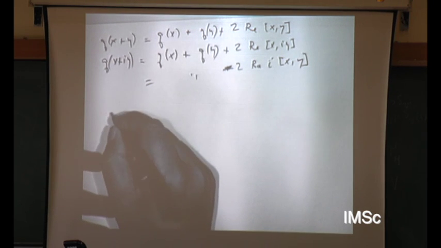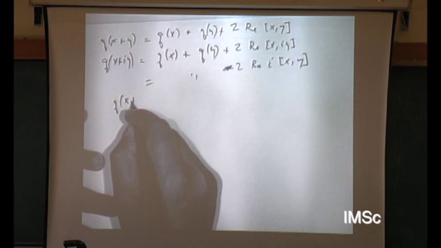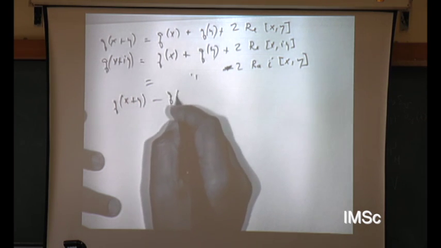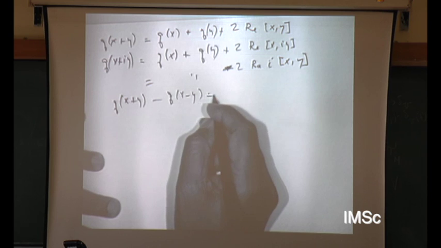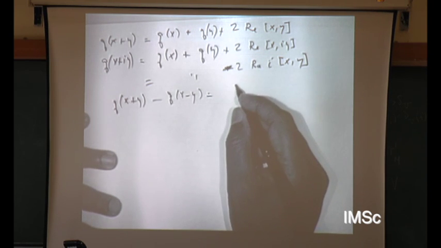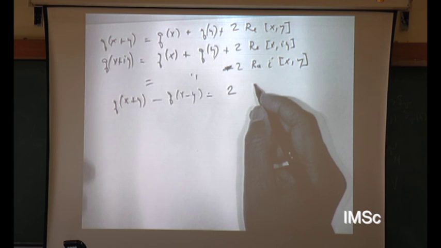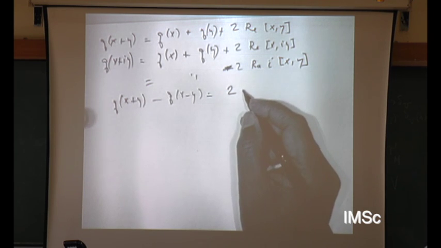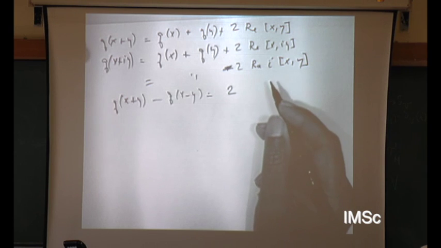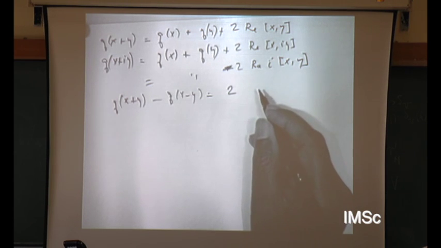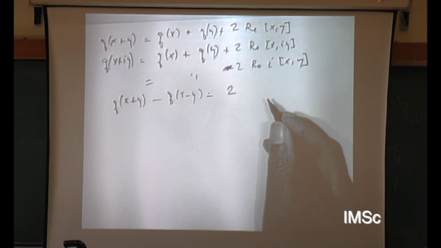So from this we find that q of x plus y minus q of x minus y, all this is really high school algebra, is 4 times, no, 2 times the real part of (x, y) plus, no, there's iy here.